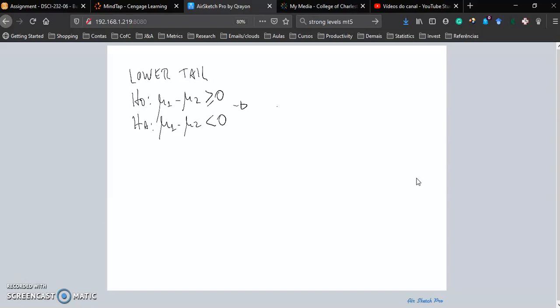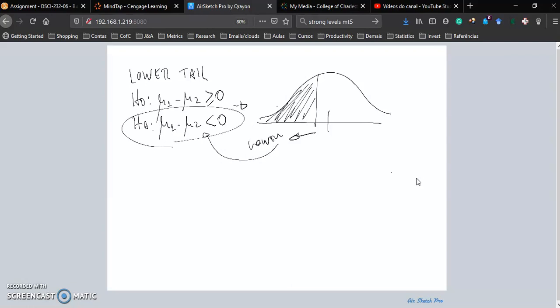So for this case, we have that the difference should be on this side. This is lower, which represents this one. And that's a lower tail test when I have a hypothesis like this.